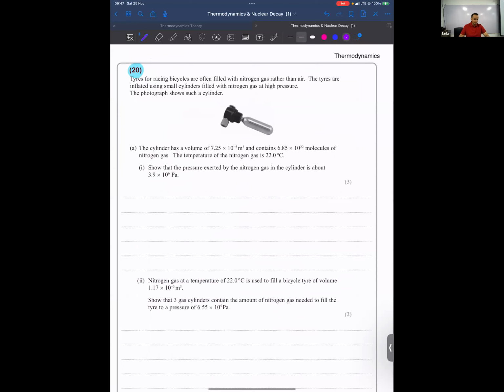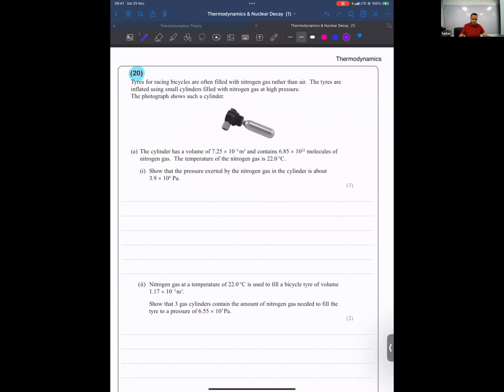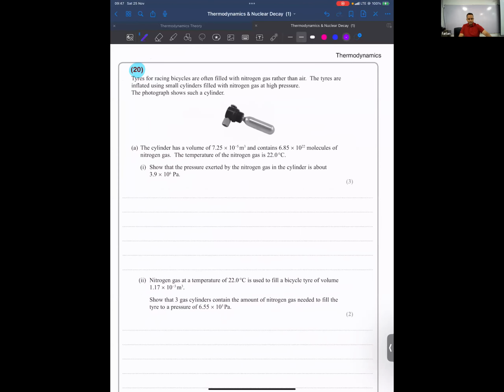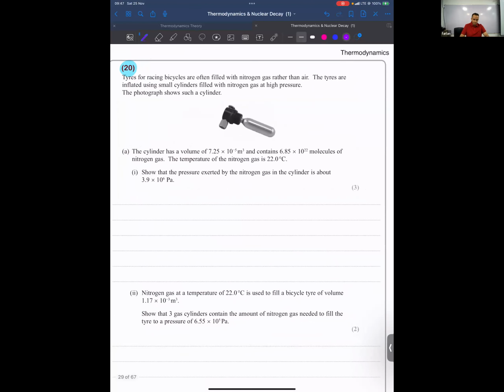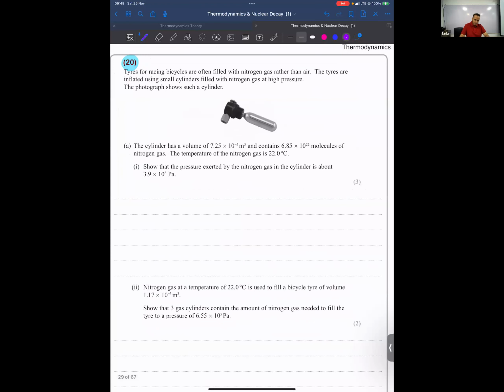Yes. The tires are inflated using small cylinders filled with nitrogen gas at high pressure. The photograph shows such a cylinder which is filled with nitrogen gas.